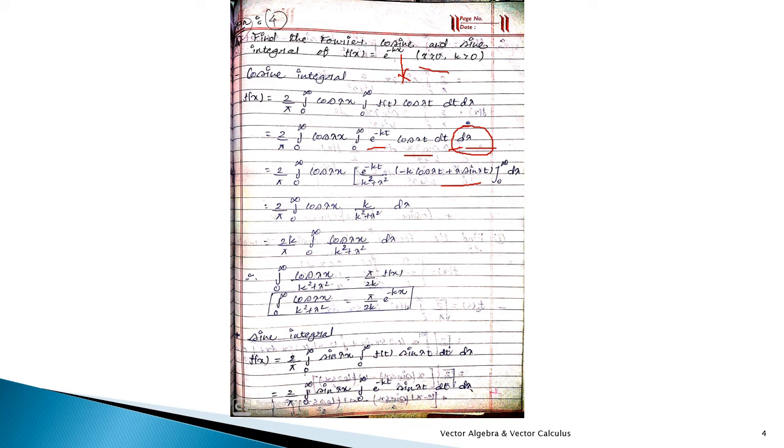So the first term is kept as it is, that is 2 upon pi, 0 to infinite, cos lambda x, and here we take upper limit minus lower limit.